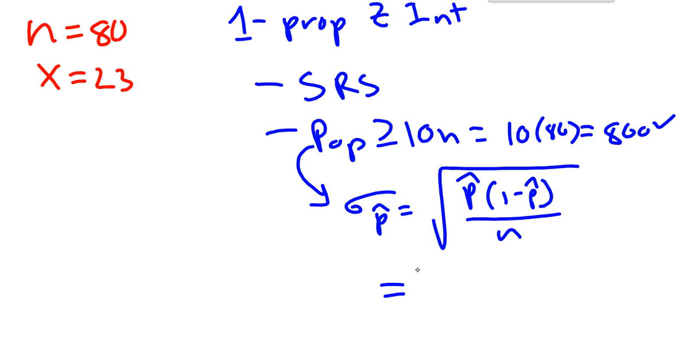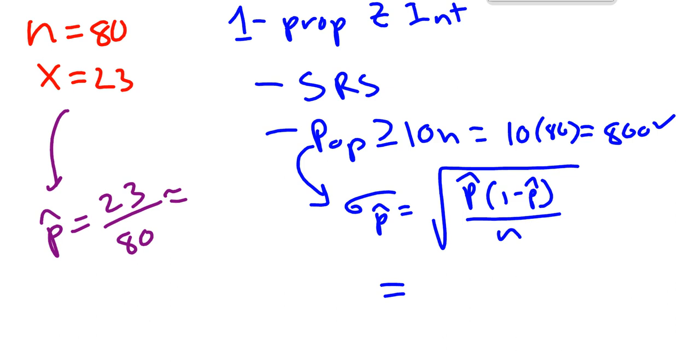So in our case, now p hat, what is p hat? We should have written it down before. P hat is going to be the number of customers that said they take a soft drink when they claimed they were just going to get water, out of the 80 people who were interviewed. If you divide that, you get 0.2875.